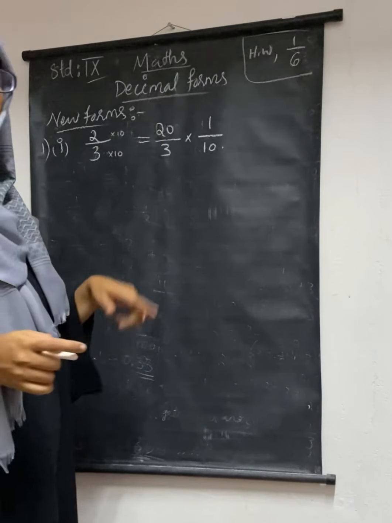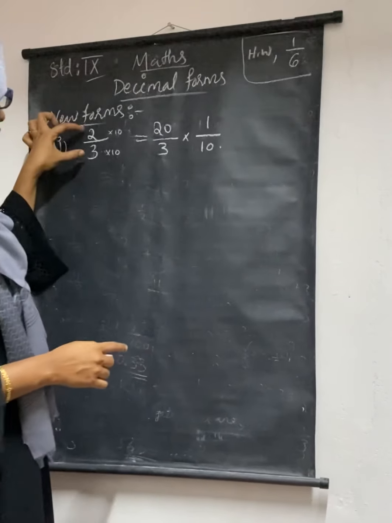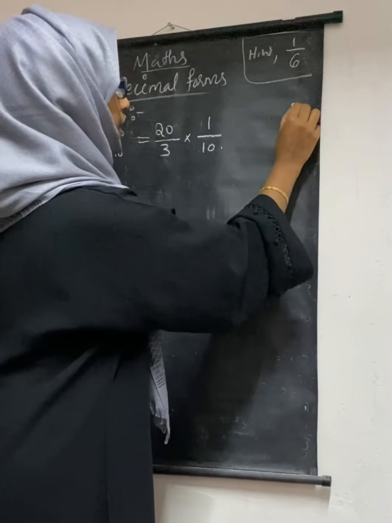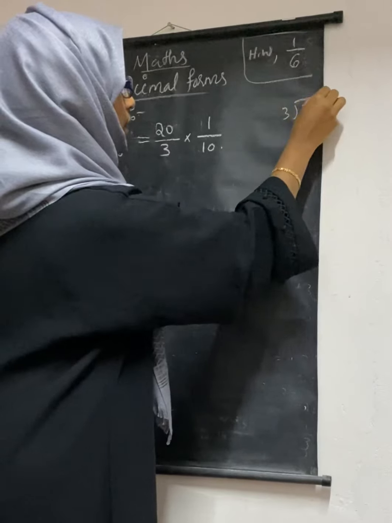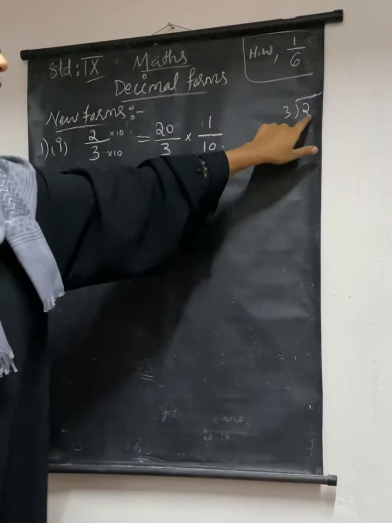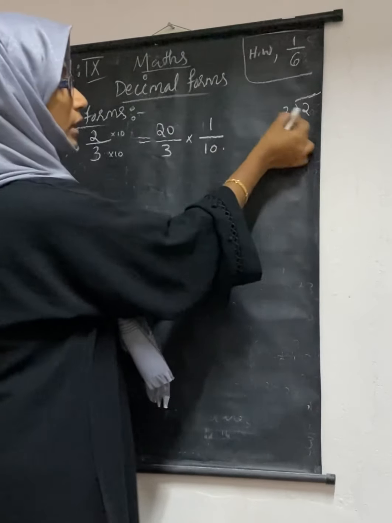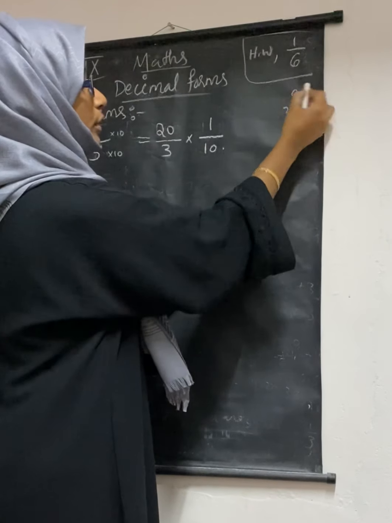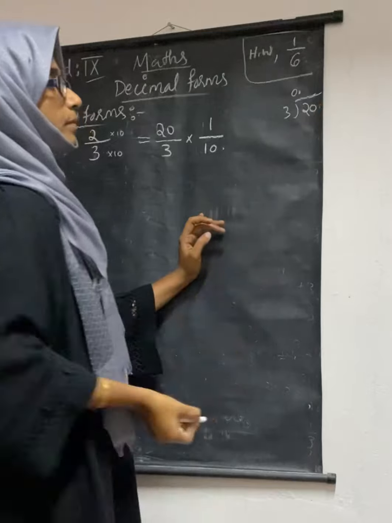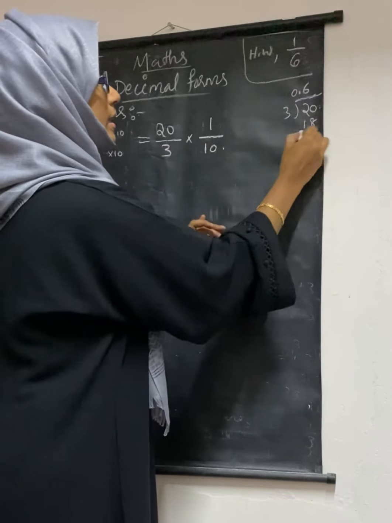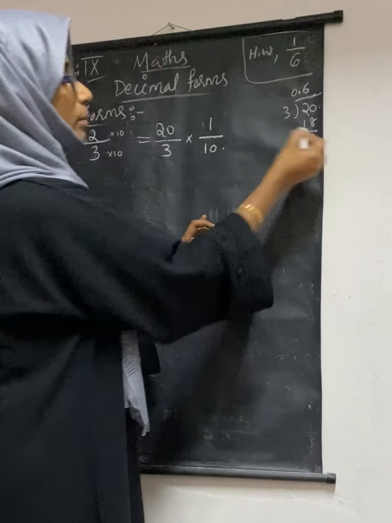I told you before doing all this, we have to check what answer we are actually getting. That is 2 by 3. We should know what the answer will be. 2 inside is the numerator, 3 outside is the denominator. We cannot divide this, so put a point and put a 0 here. 3 sixes are 18, again there is a remainder of 2.